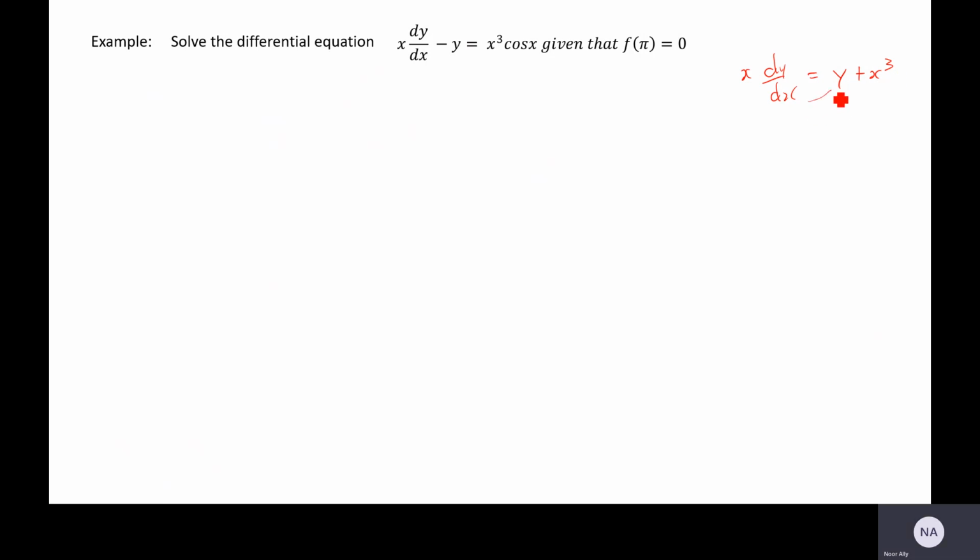No matter what I try and do, even if I try and take dx up, I won't be able to separate dy's and dx's on either side. In other words, the previous technique of separating variables is not going to work. So we'll have to cross that out. Let's just erase that. I don't want to interfere in our working out.